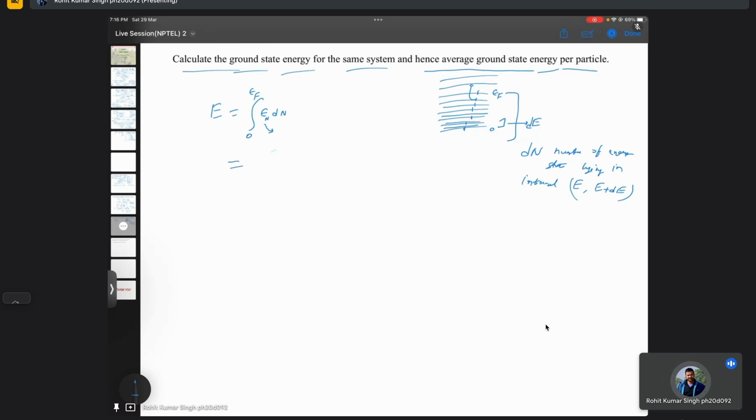And again we can write it in terms of density of states. So in place of dn we can write this, correct?